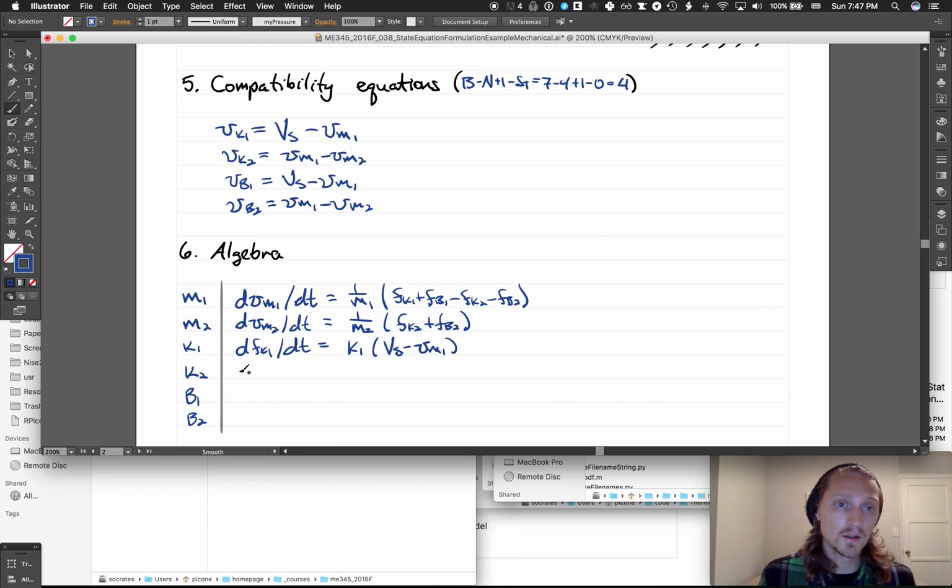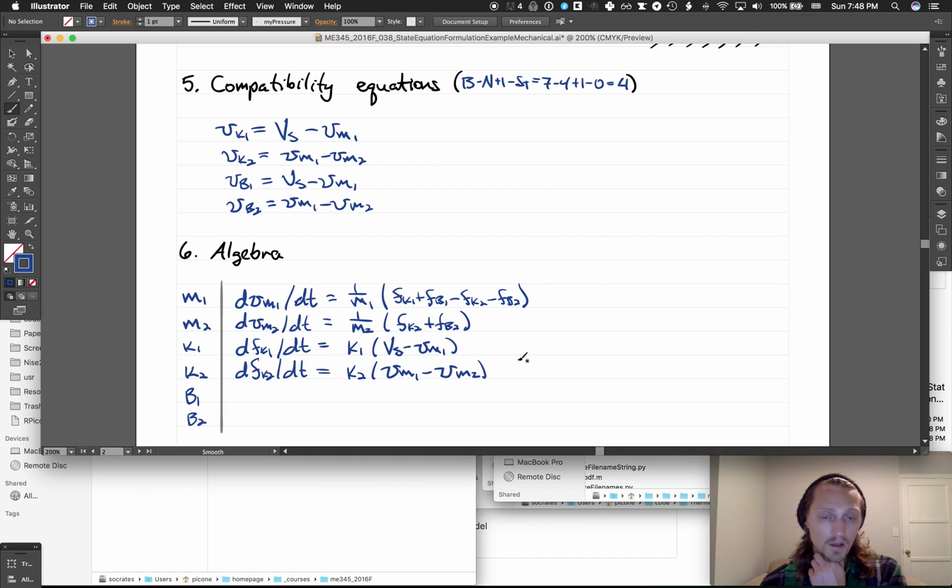Okay, for k2, it's a very similar equation. So we have dFk2/dt equals k2 times vk2, but we have an equation that says vk2 is equal to vm1 minus vm2.